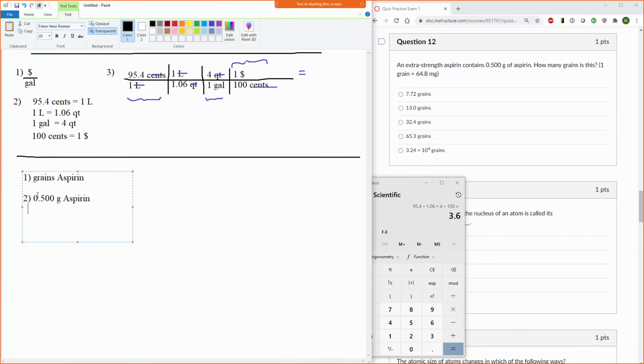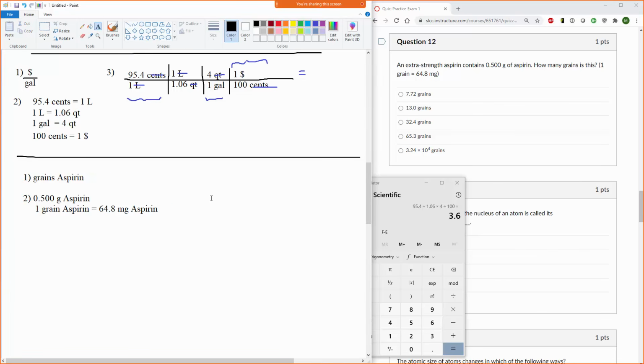And they also gave me that every 1 grain of aspirin is 64.8 milligrams aspirin. This is definitely not a metric unit.